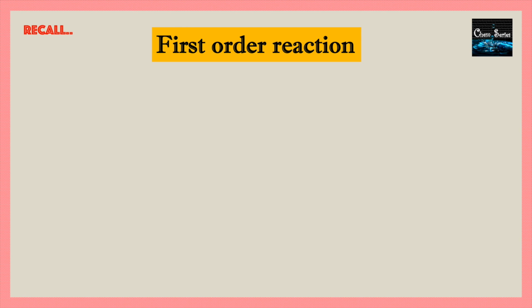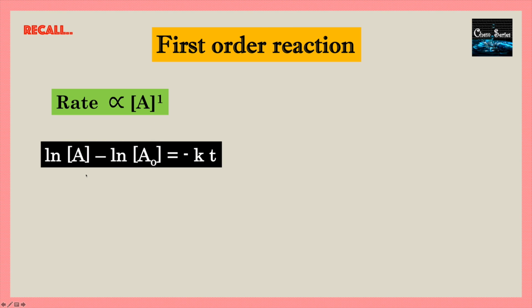Let's recall what we have studied in first order reaction. We have seen that rate is directly proportional to the concentration of the reactant, right? And from that we derived the integrated rate law equation, that is ln A minus ln A naught is equal to minus kt. This is the integrated rate law equation.